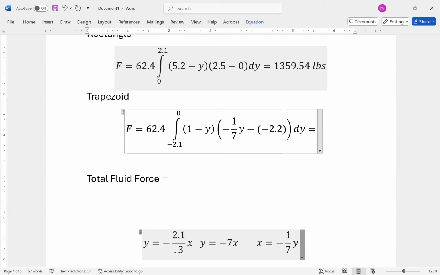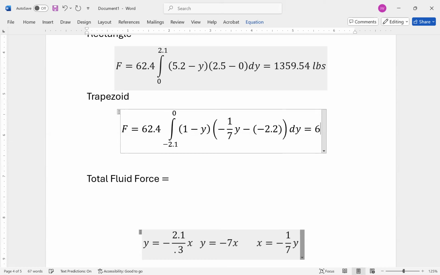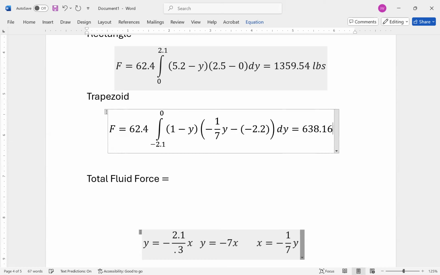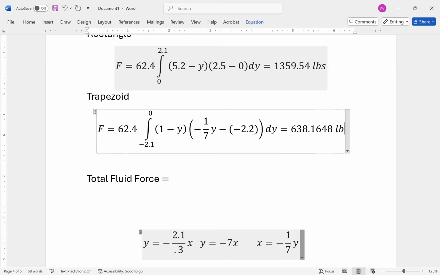Type it into your calculator, just practice, obviously, if you want to. And I got about 638.16. That's a rounded answer, 638.1648, if I'm a little bit more precise.